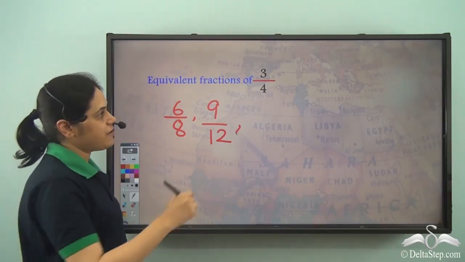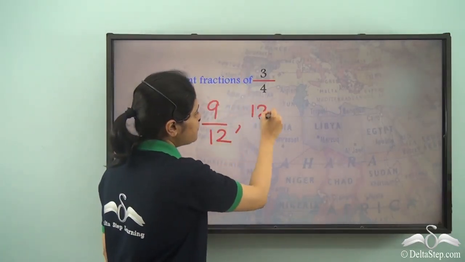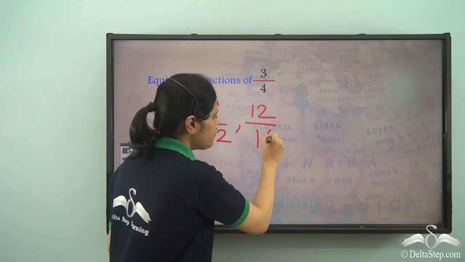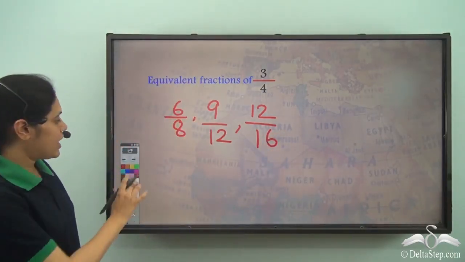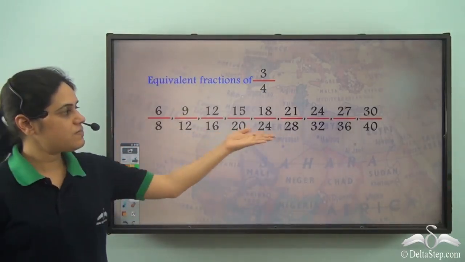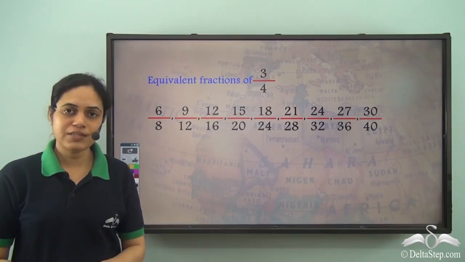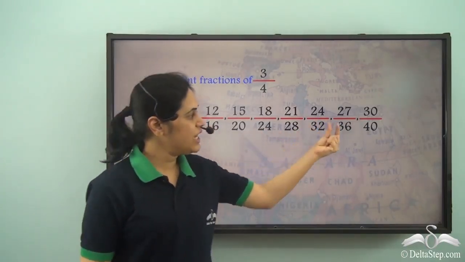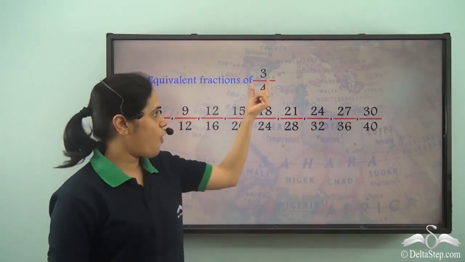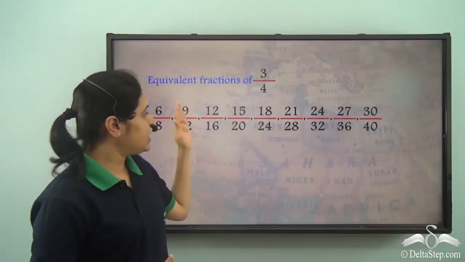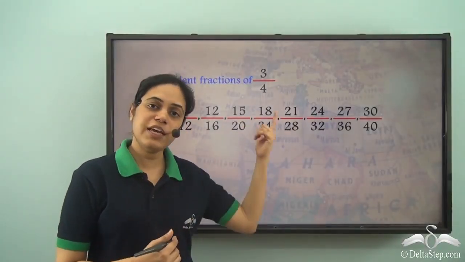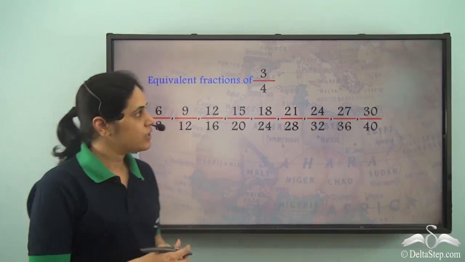If I multiply by 4, 3 into 4 gives me 12 and 4 into 4 gives me 16. So I can continue in this manner to get all these. Now these are all equivalent fractions of 3 by 4.